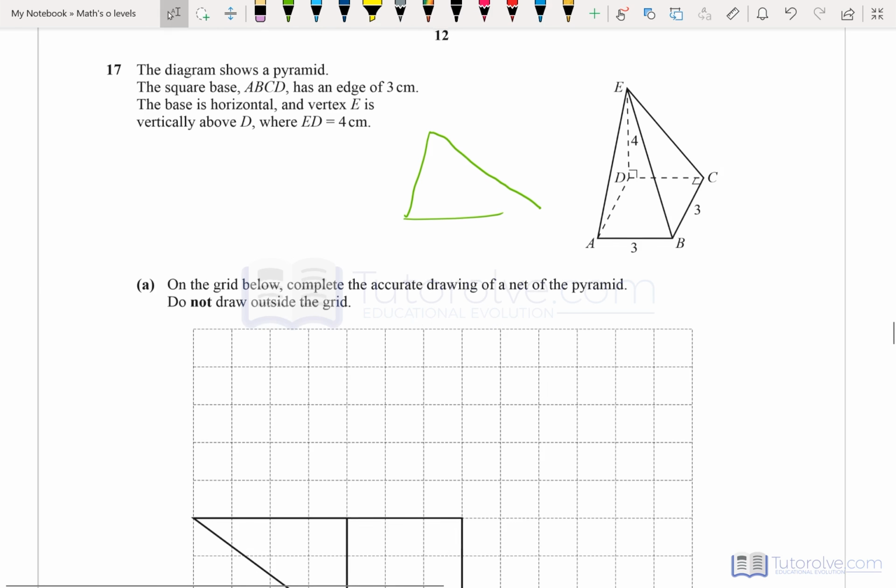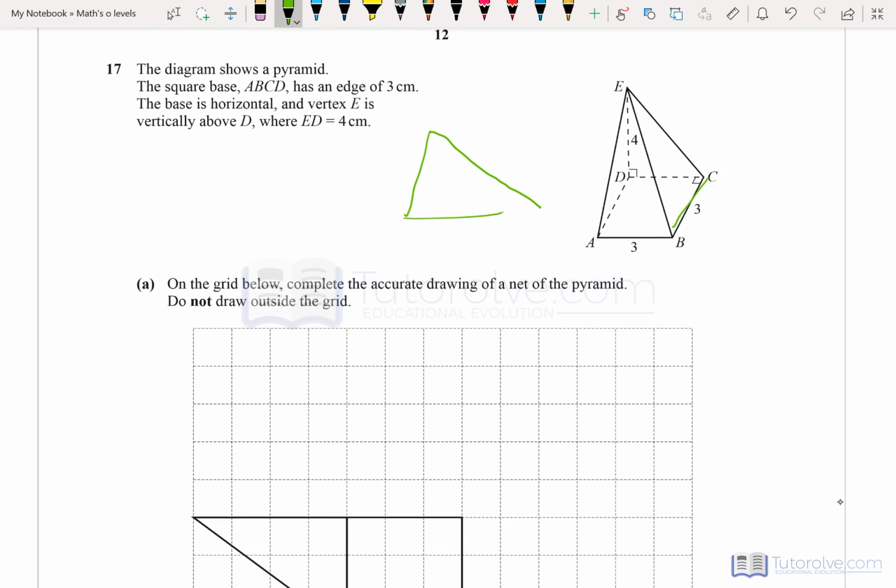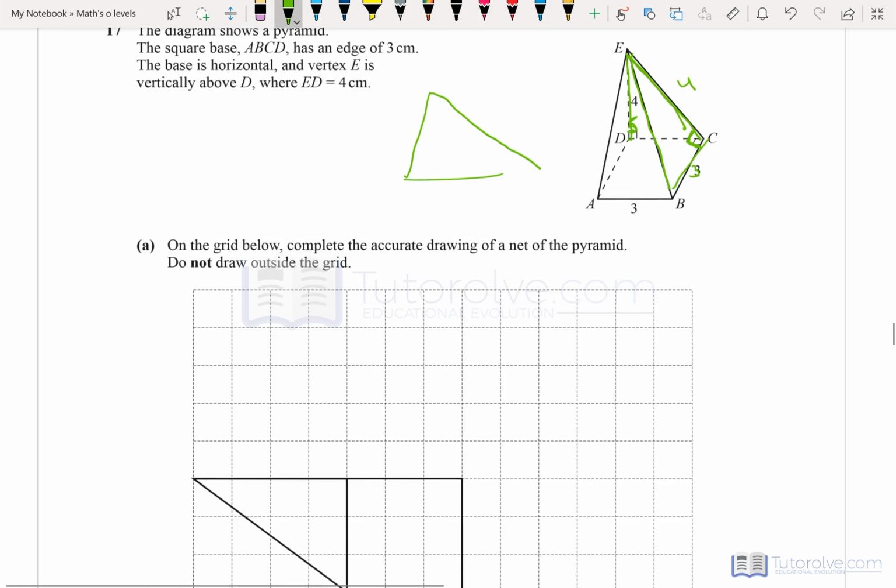So if it's right here, this is 3, this is going to be 5 right here, because if this is 4, this is 3, and this is a right angle. If we use the Pythagoras theorem, we have this 5 here. So obviously if this is the right angle here, the other side is going to be 5 as well.